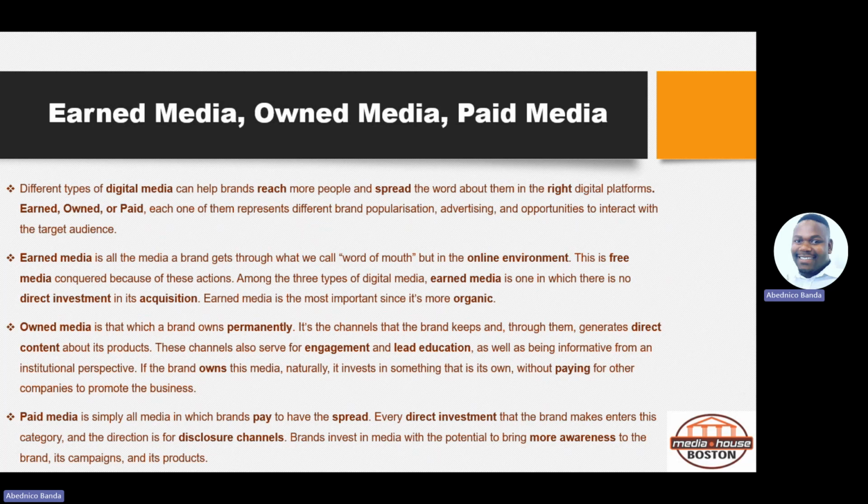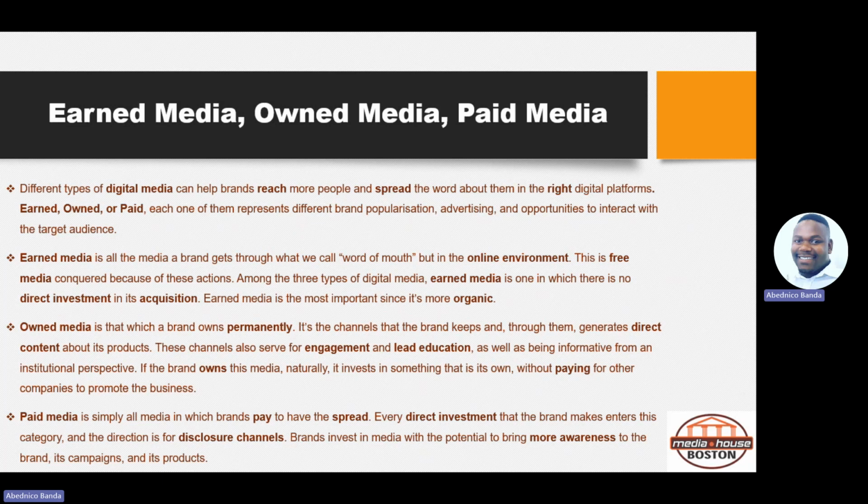If the brand owns this media, naturally it invests in something that is its own without paying for other companies to promote a business. So owned media has got its own advantage because you hear from the horse's mouth, especially in crisis communication. When something happens, we'd prefer to go to the company's page to hear whether it's true or not. That's how legitimate it can be.